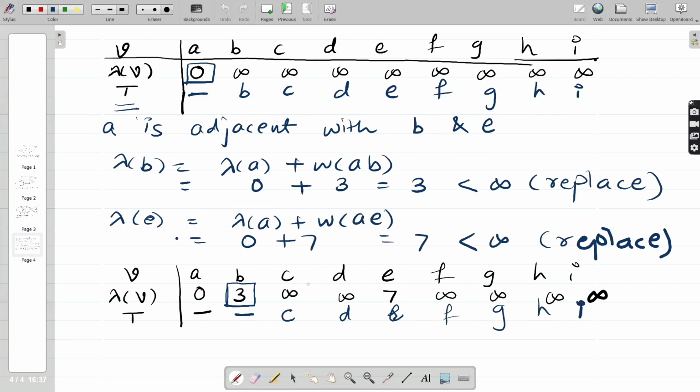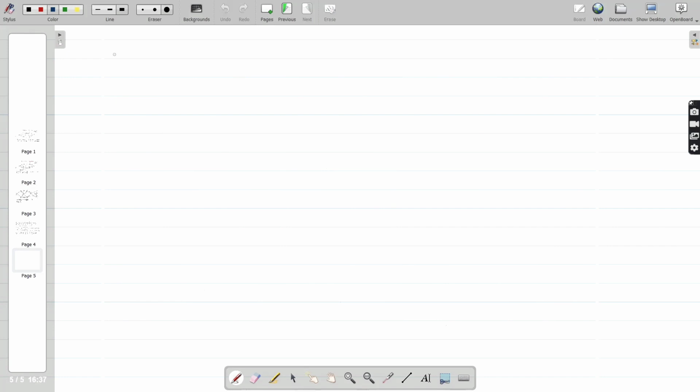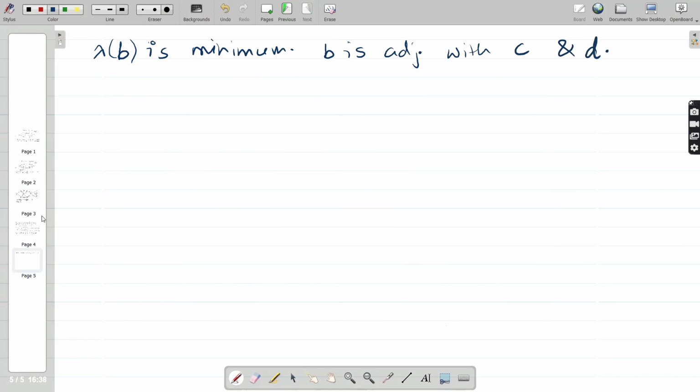So we will find out the lambda values of C and D. We will write: lambda B is minimum, first of all. And B is adjacent with C and D. Therefore, lambda C is equal to lambda B plus weight of BC.